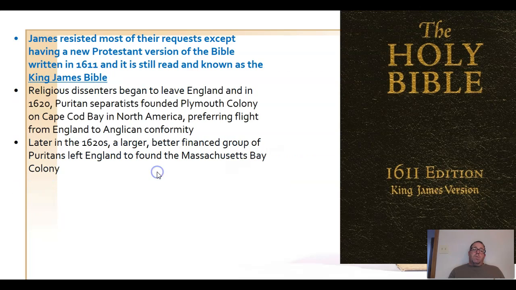All right. Well, one final note, though, with regard to religion, that is not what you would expect, but it was something that satisfied all Protestants within England, and that is he had published a Protestant Bible known as the King James Version.